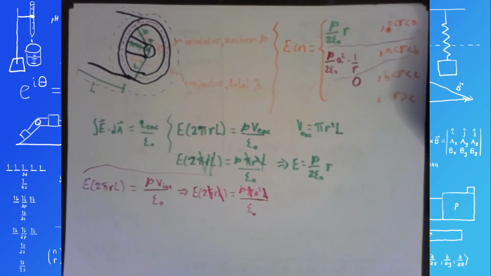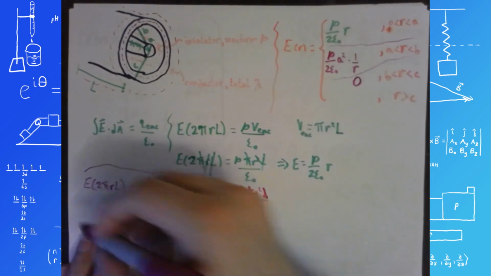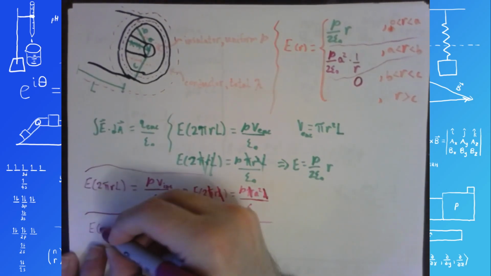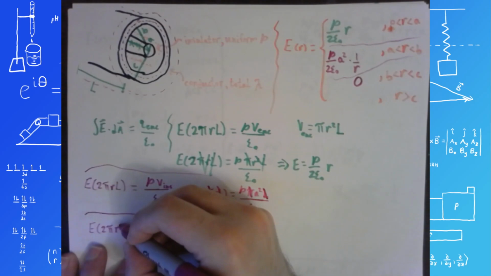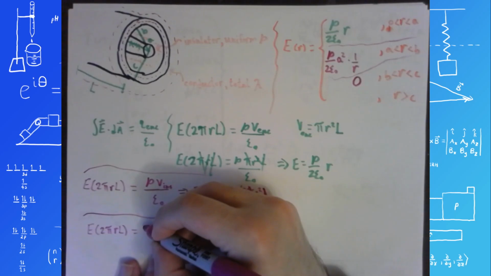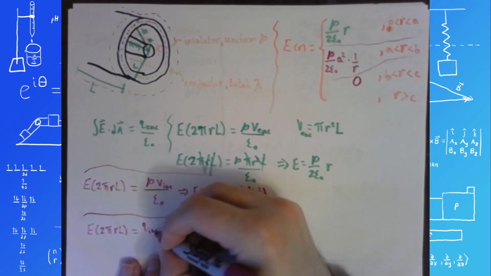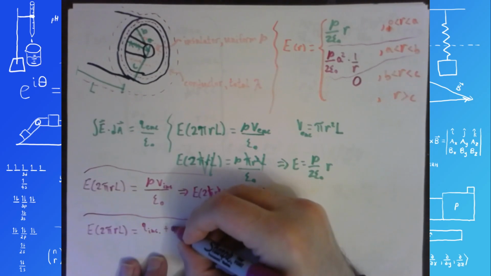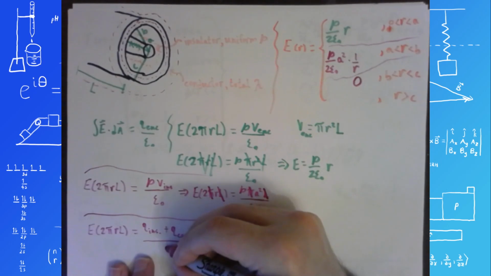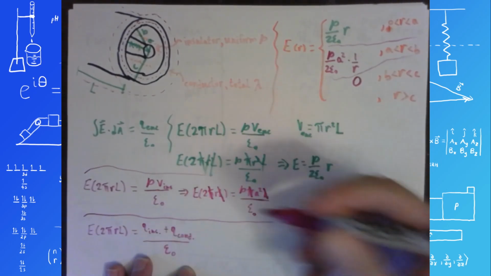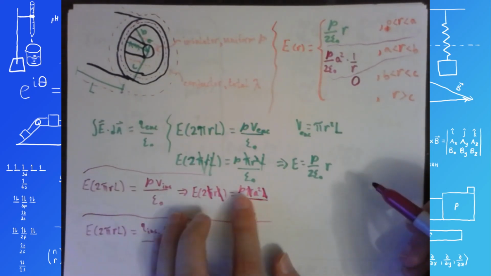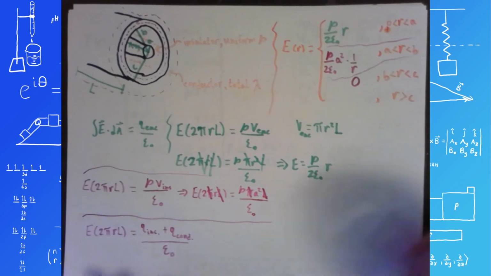Okay, how much charge is enclosed now? So we still get E times 2 pi RL for the left-hand side. But now the charge enclosed is going to be Q insulator plus Q of the conductor, and then all that over epsilon naught. Charge from the insulator we just got earlier is rho times pi a squared times L over epsilon naught.